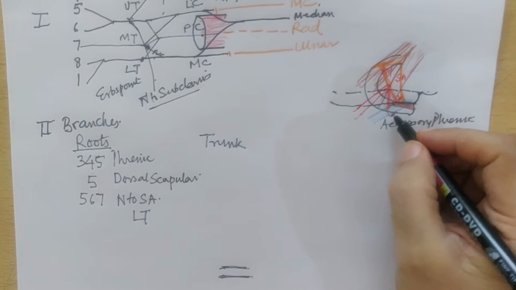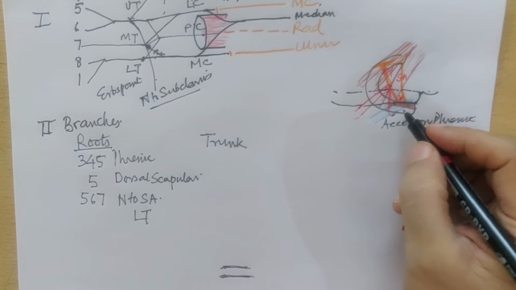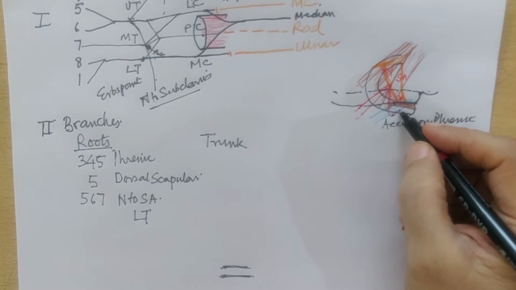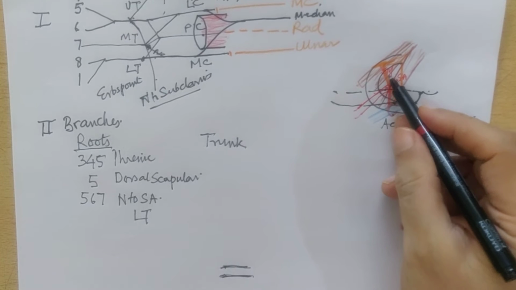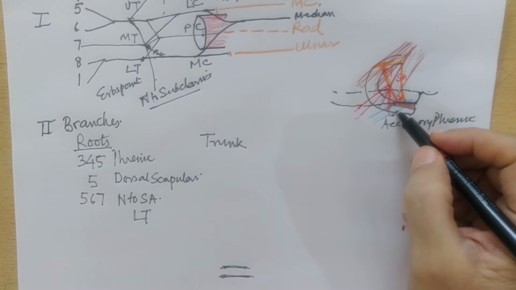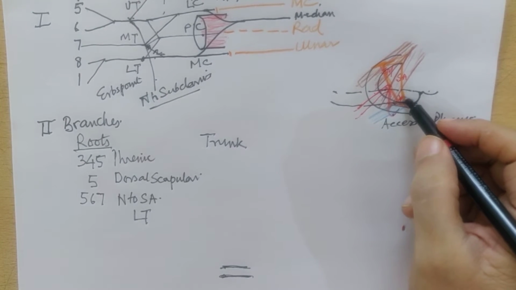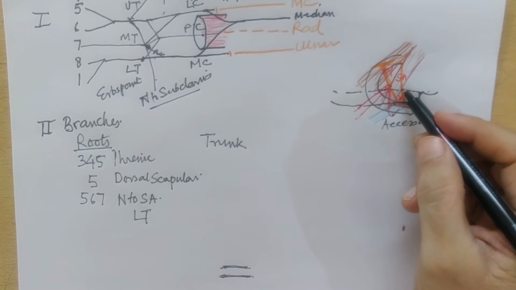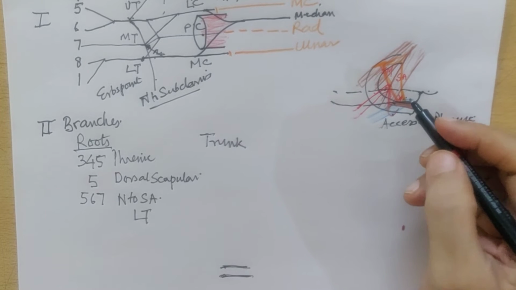Now this hooking of the axillary vein by this accessory phrenic nerve coming from the upper trunk, winding around the vein and going into the phrenic nerve itself, which itself is winding around the serratus anterior muscle.